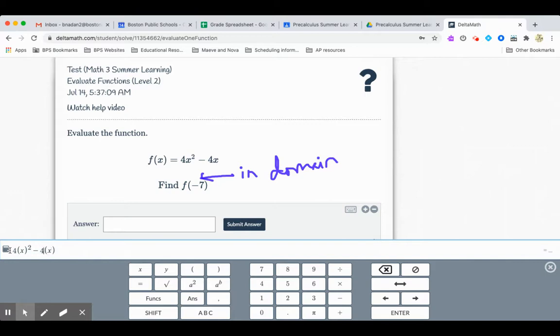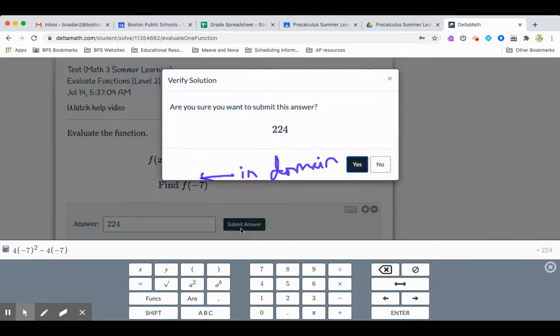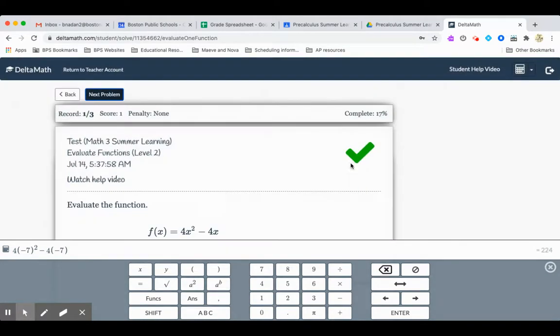Okay, so for both x's, I put in this -7. Okay, and so my answer is 224. So put 224. And 224 is a number in the range of the function because it's an output.